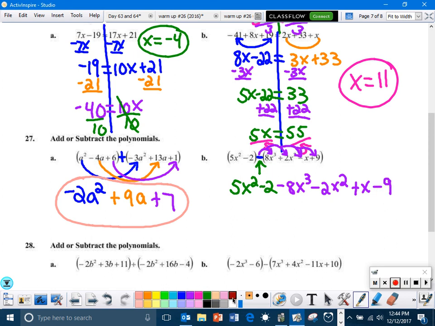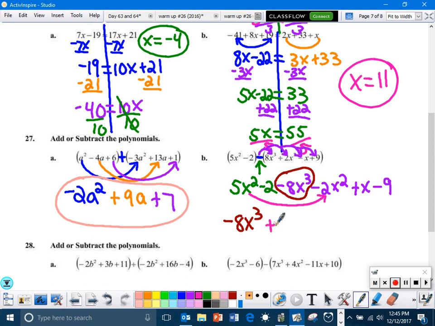Now, when we do combining like terms, we're going to start with the biggest exponent. We notice that there's a big exponent right here, negative 8x cubed. There is no other x cubed, so there's nothing to combine with it. So when we write our answer, we should start with that one. Okay, now 5x squared and minus 2x squared can be put together.